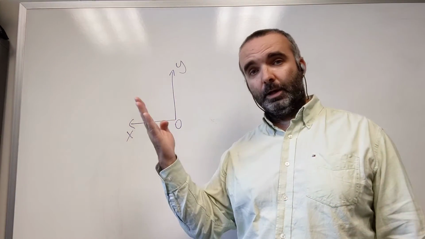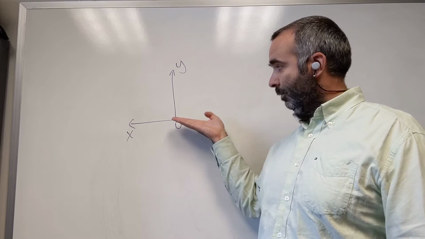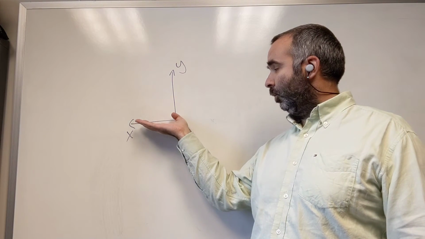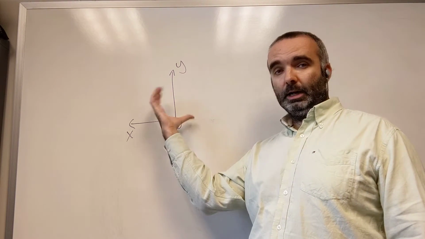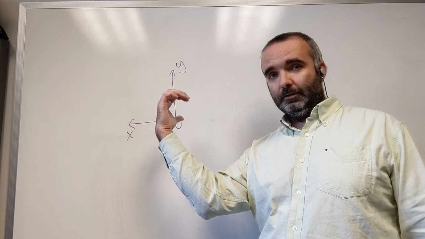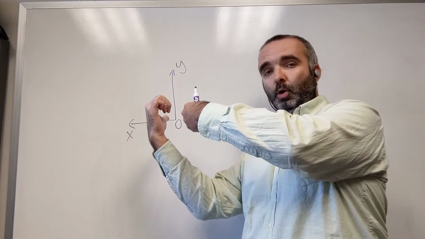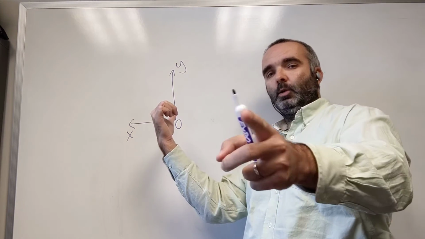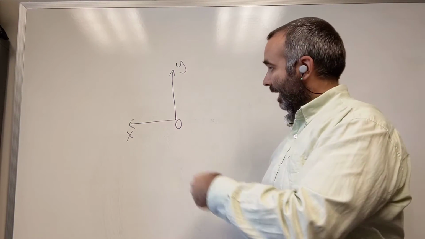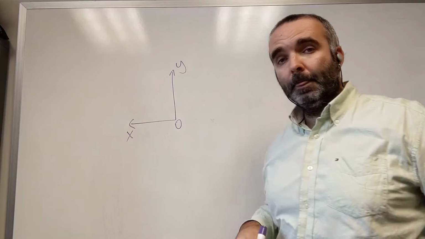My fingers of my right hand need to point to the direction of the x-axis, and then I need to curl them towards the second axis, towards the y. And in this case, see, by curling my fingers, my thumb points into the board. It points away from you and into the board. The direction of the z-axis is into the board.